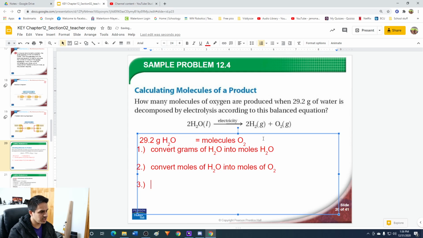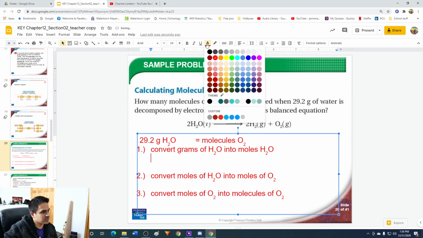And then step 3, we are going to convert moles of O2 into molecules of O2, because the problem wants us to get an answer in molecules of oxygen, not moles. Okay, so let's do each of these steps.